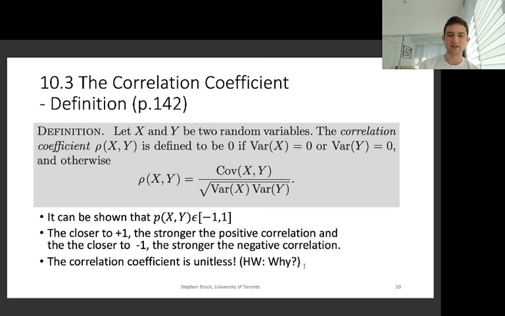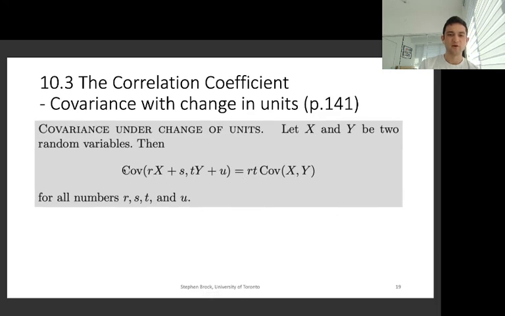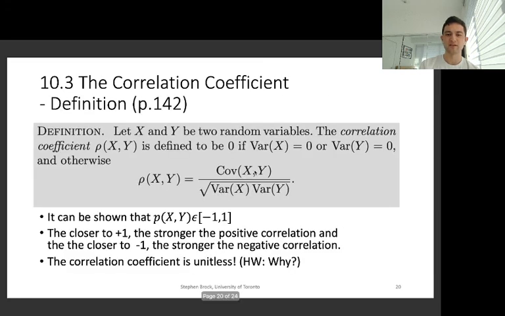I kind of already alluded to it, but the way you'd want to show this is that if you were to replace x with rx plus s and y with ty plus u, how would that affect the correlation coefficient?